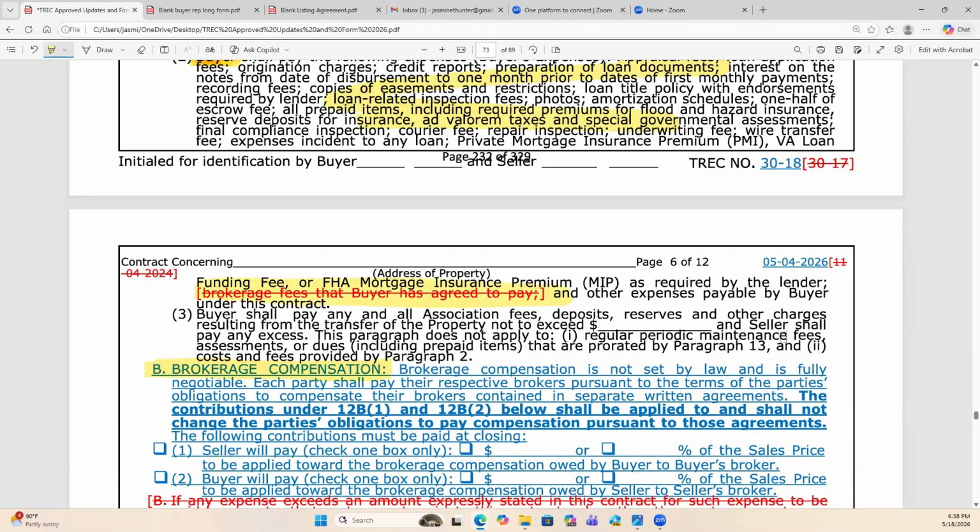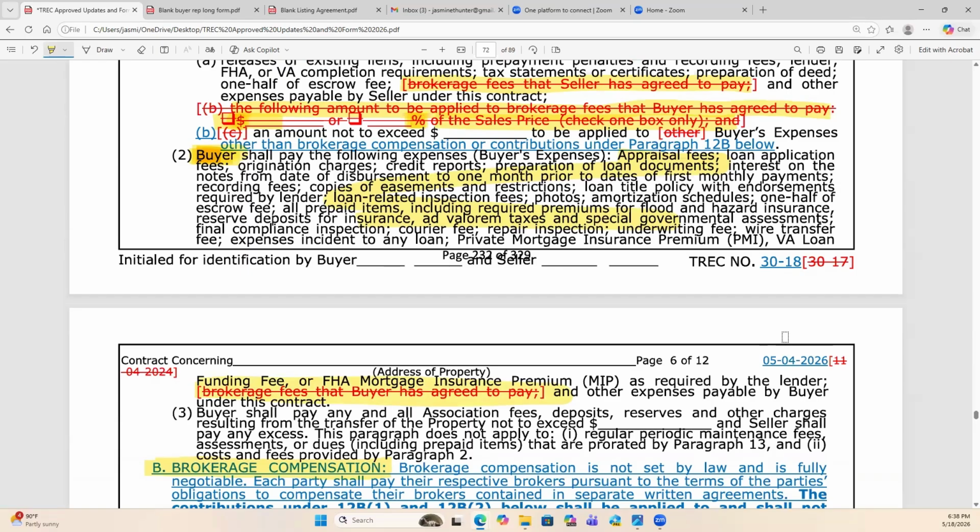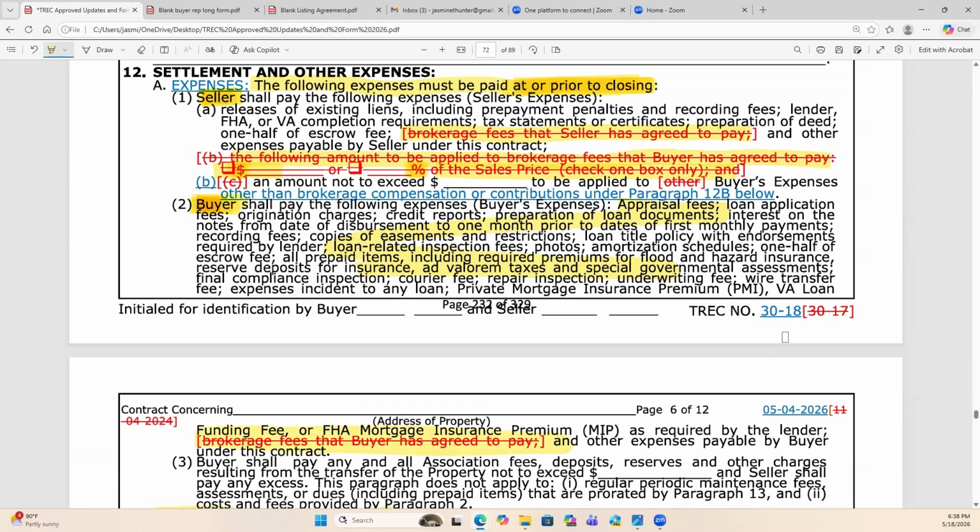So how we've done this before, because again, it's in red, is that the buyer could say, my closing costs in general are loan origination fees, property taxes, my piece of it, the prorated amount between the buyer and the seller, the title company fees, if that's the case, surveys, if that's the case, and all these other things that are listed here that we all can see, and brokerage fees that the buyer agreed to pay.